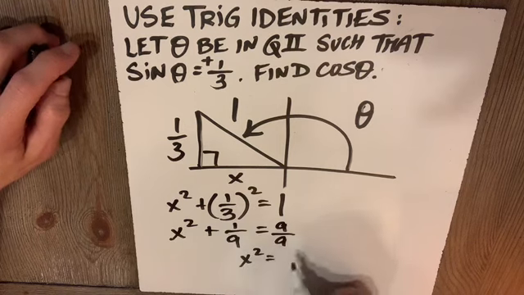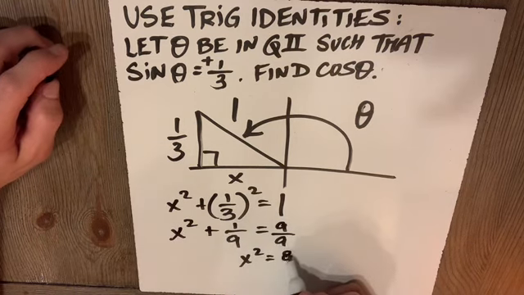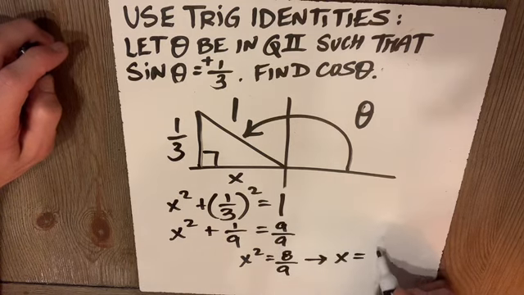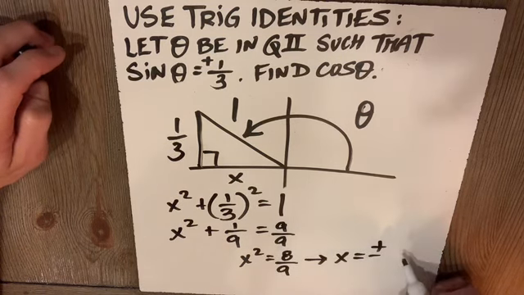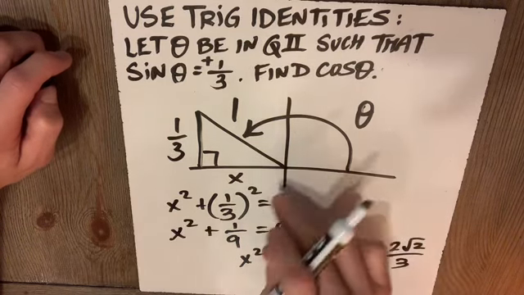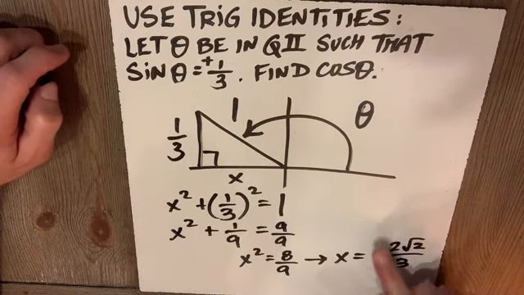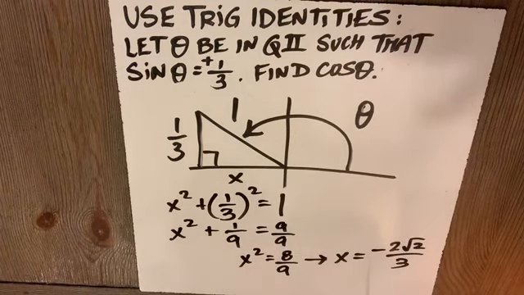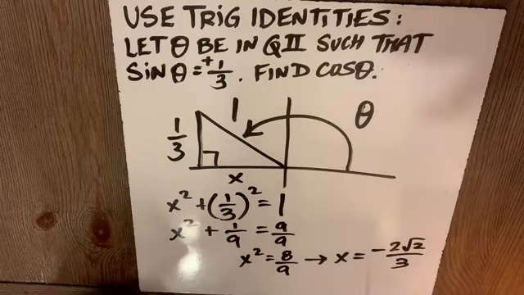So x squared equals, if I subtract 1/9 from both sides, 8/9. And that would imply that x is equal to plus or minus the square root of 8/9, which you saw simplified to 2 root 2 over 3. And because we're going to the left on the x-axis, I'm going to put negative. So you could use this picture as well. Depends on what you prefer.